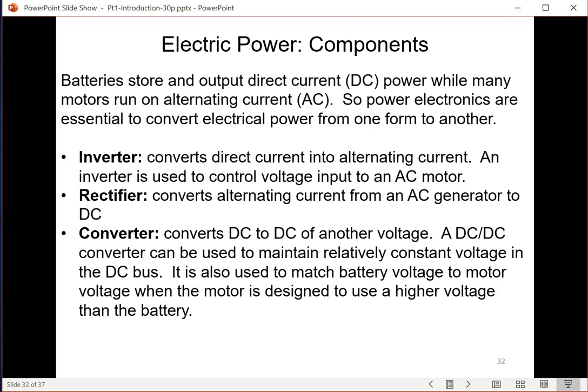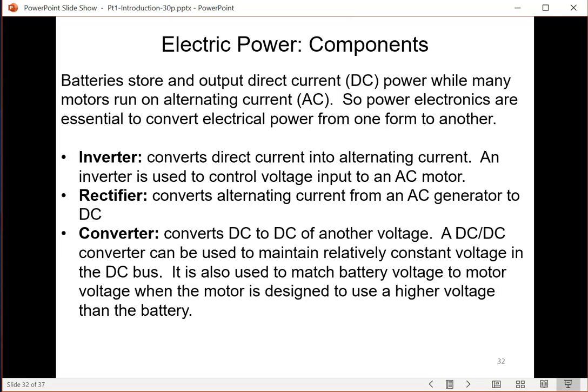Okay, you have a rectifier. A rectifier actually converts alternating, that's AC current or AC voltage, to a DC power source. The converter, on the other hand, is also known as a DC-DC converter. It changes the voltage level from one to another.